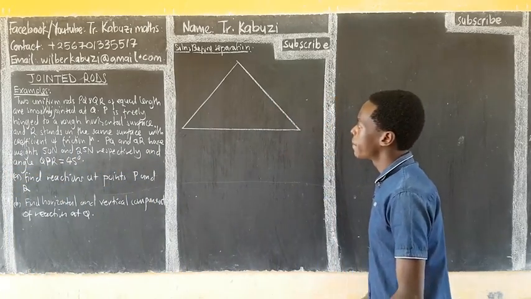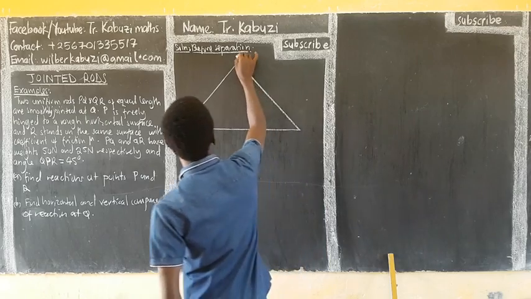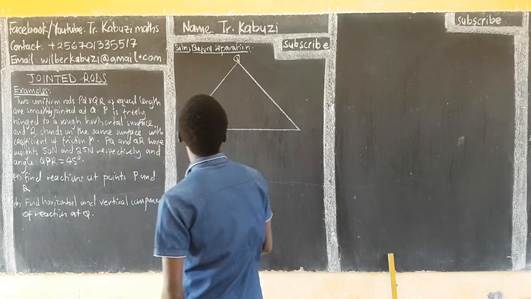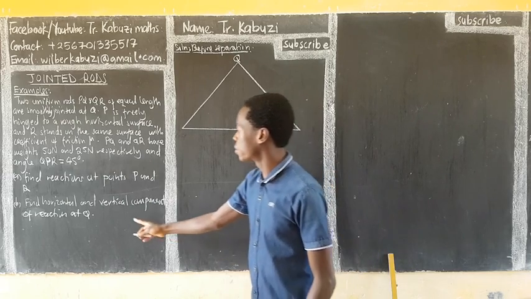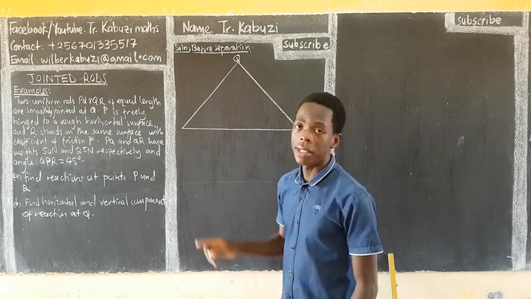Now they are telling us they are jointed at Q. So this is our Q. We consider before separation, then after separation, when we come to the reaction at the jointed point.